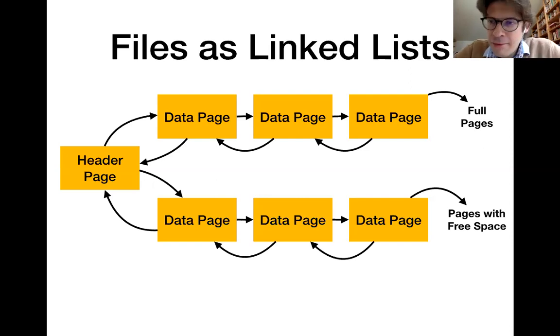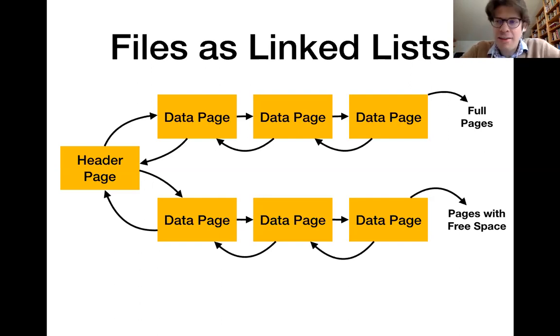And then in order to make things more efficient, I can actually maintain two separate lists. In the first one, I store pages that are full, meaning I cannot insert any more data. And in the second sublist of pages, I store pages that are at least partially empty.